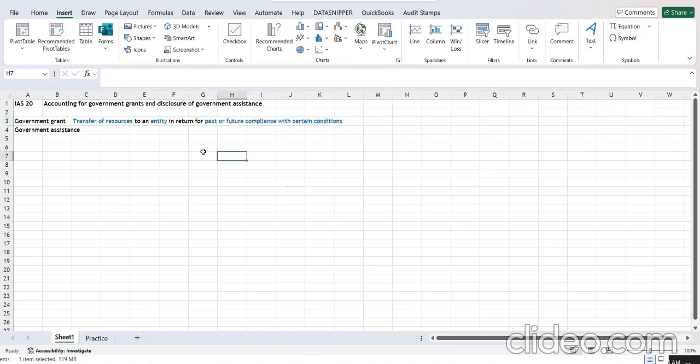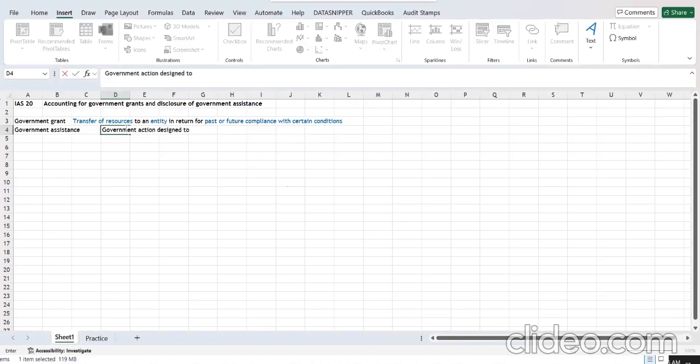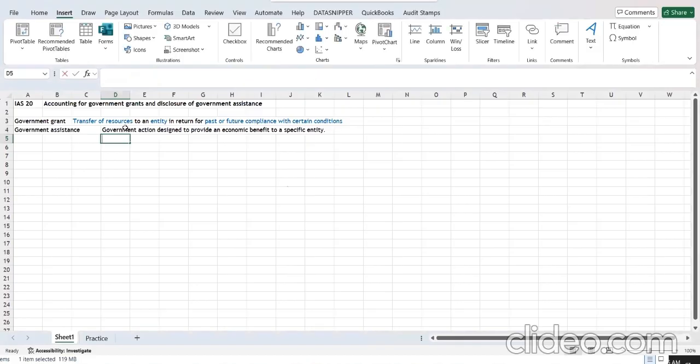benefit, right? And government assistance is a government action designed to provide an economic benefit to a specific entity, and it is normally not a financial incentive.